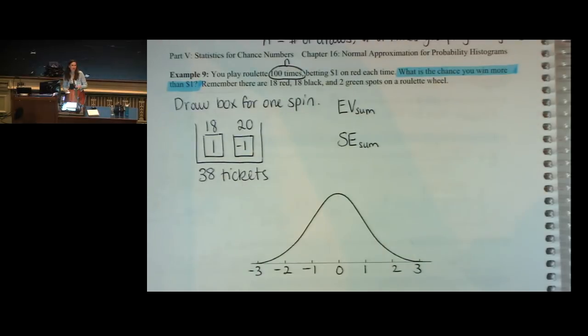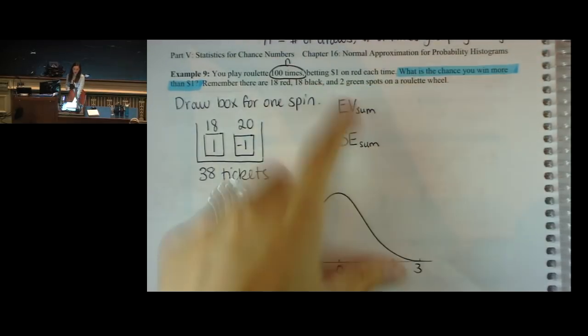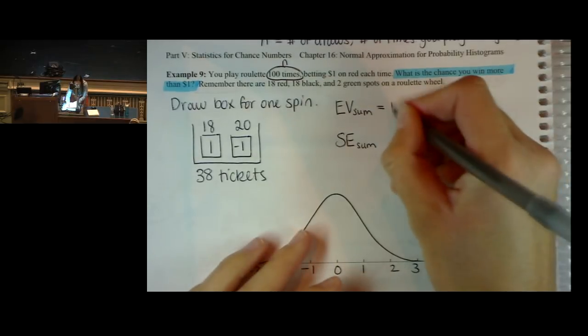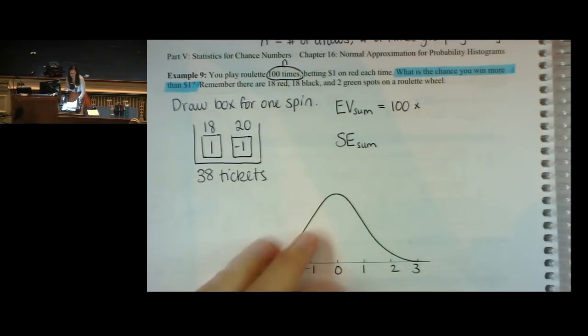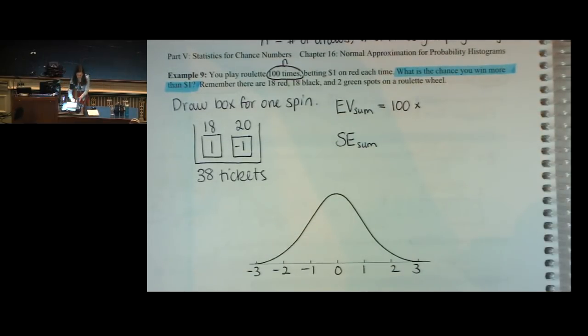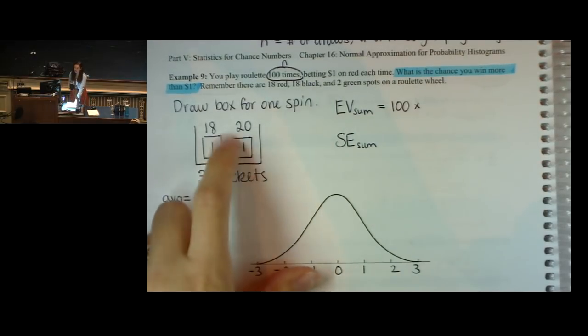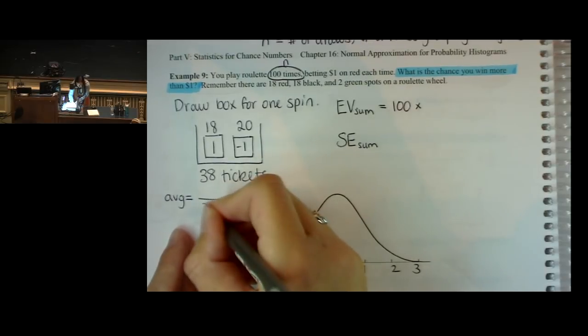And we've done this before, right? We've done this exact problem, not this part, but this part. So you're right, we're going to use sum. So the expected value of the sum is n times the average of the box, 100 times the average of this box. To find the average of the box, I would just take all these tickets and divide by 38.